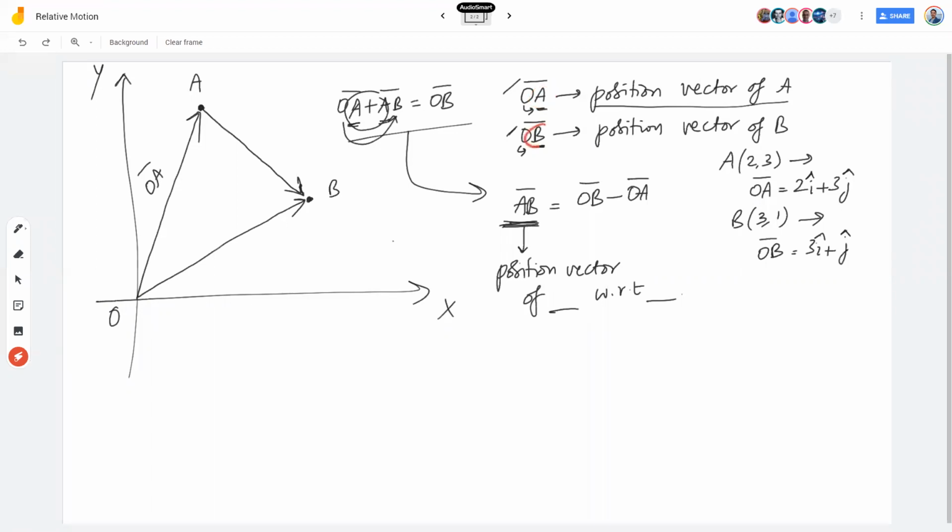The second point here is the location the vector is pointing to. OA bar specifies the position of A, OB bar specifies the position of B, and AB bar specifies the position of B with respect to the first point, the reference A.